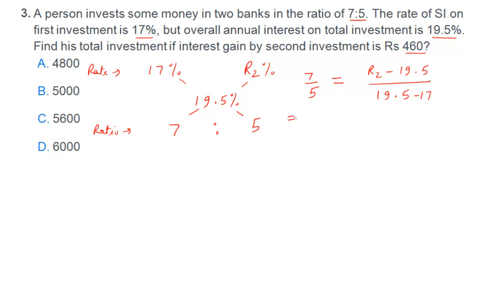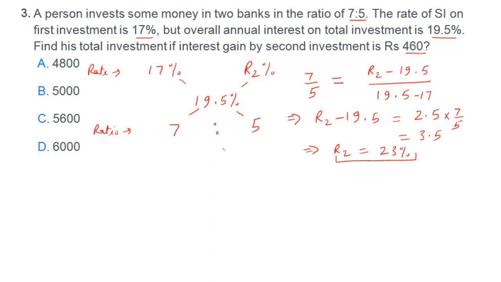So that can be further written as R2 minus 19.5 is equal to 2.5 multiplied by 7/5, which is 3.5. So that will give me R2 is equal to 23%. So we got the rate of interest with the second bank as 23%.